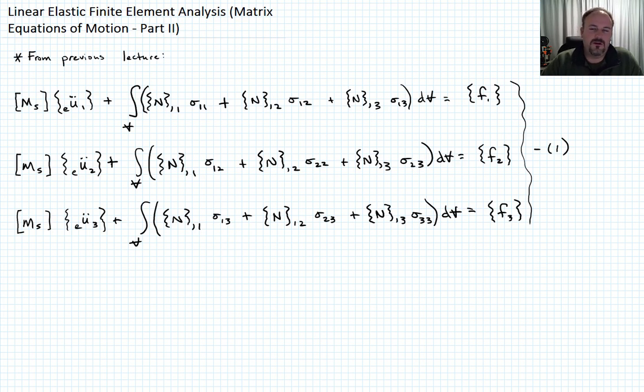So the strategy here that we want to employ is we would like to get these equations to all be functions of displacement or displacement derivatives.